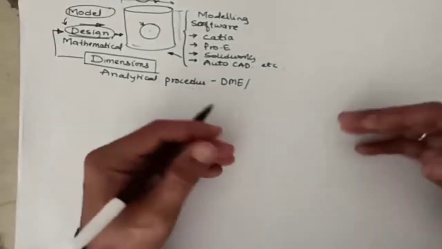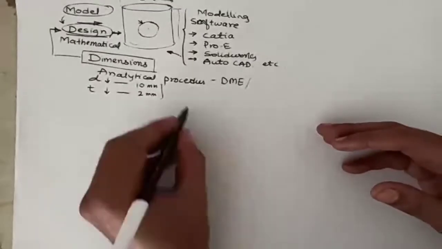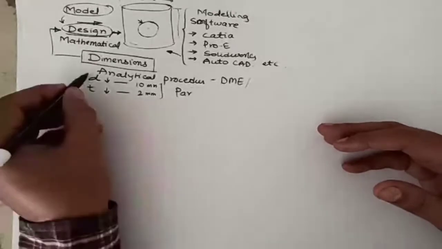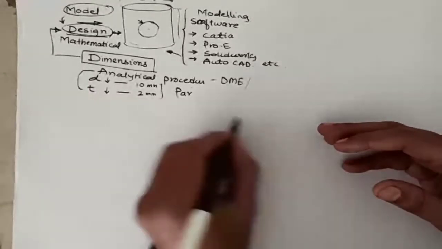For that there is a step-by-step procedure. Using it, we have calculated the diameter, the thickness of the head, the thickness of the fin, the thickness of the wall, all the dimensions like 10 mm, 2 mm. Like this, we have calculated the different parameters using the analytical procedure.